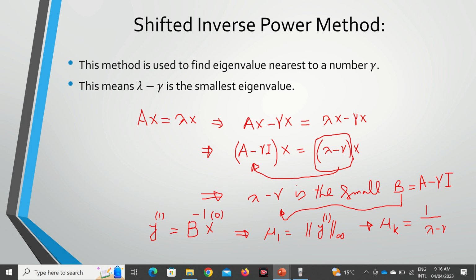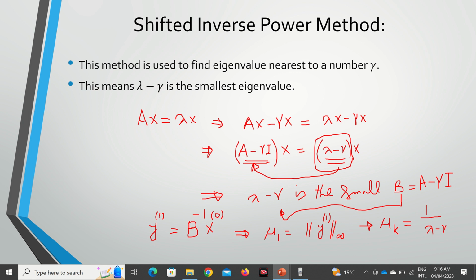Am I clear? Because lambda minus gamma is the smallest eigenvalue of B, which is A minus gamma I, so 1 over lambda minus gamma will be the largest eigenvalue of matrix B inverse.